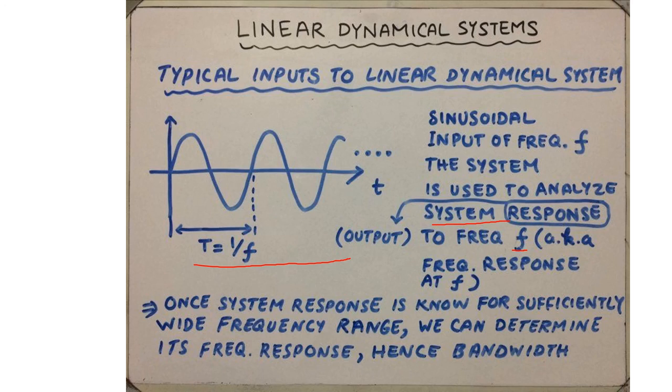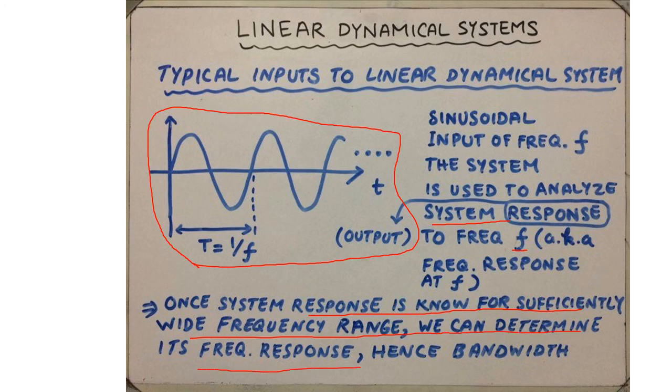So in the frequency domain, we often talk about the output of the system when the inputs are sinusoids. And we're often interested in knowing the output of the system for a wide range of frequencies. From there, we can determine the frequency response and some associated properties such as the bandwidth of the system.